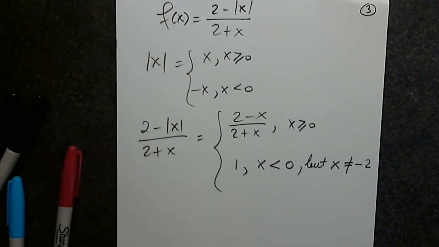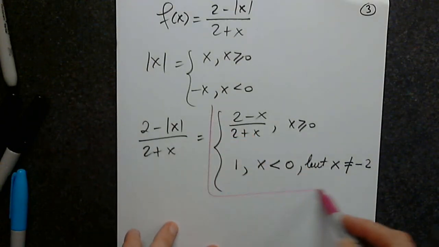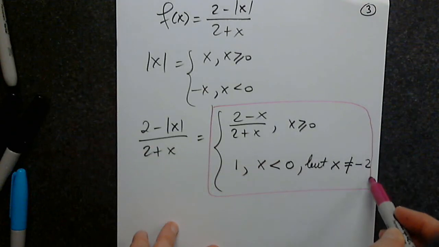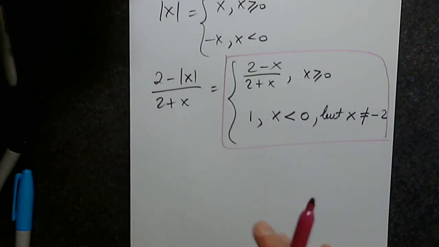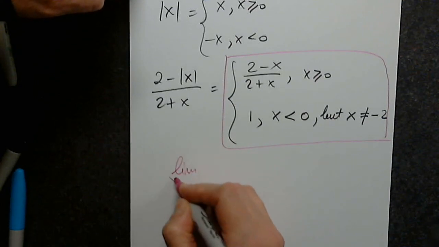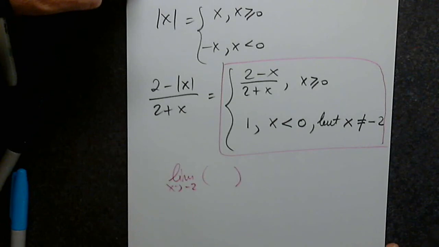Any questions so far? Now I'm ready to determine the limit. I simplify the function fully. This is the simplified form of the function. No one can simplify it any further. So now I want the limit as x approaches -2 from which branch?